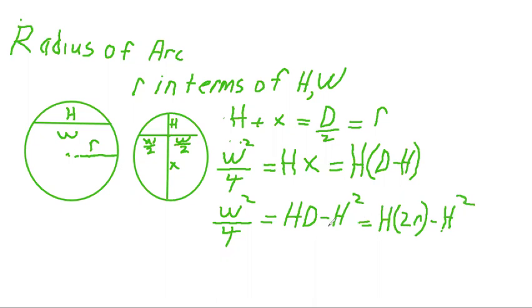Like that. All right. And so what do we end up with here, folks? When all is said and done, we got, let me come on over here and write, folks. We have W squared over 4 still. Okay. Plus H squared is equal to H times 2R.